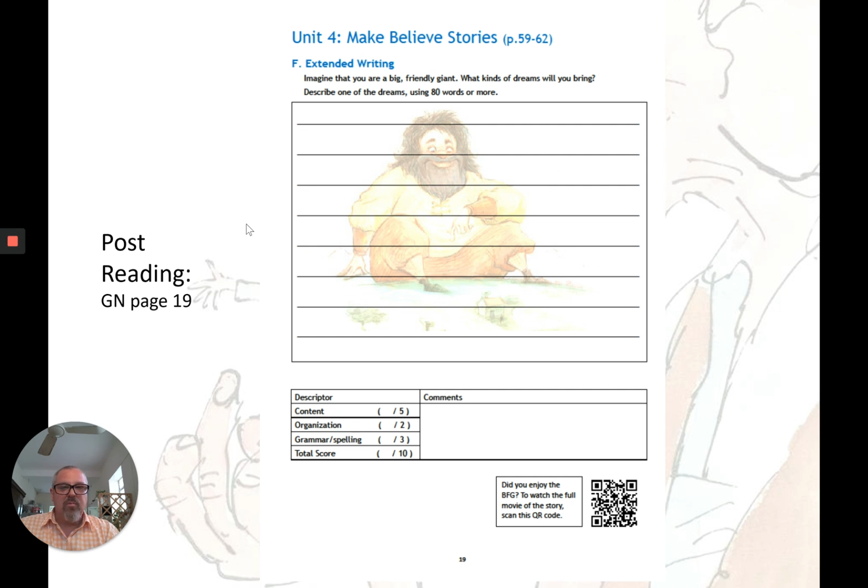Or would you bring dreams that are just fun, joyful, visiting Ocean Park? Or would you bring bad dreams? Would you want to scare the kids? It's wide open, up to you. Try to write it in a nice fictional style. You could even include dialogue, which would be nice.